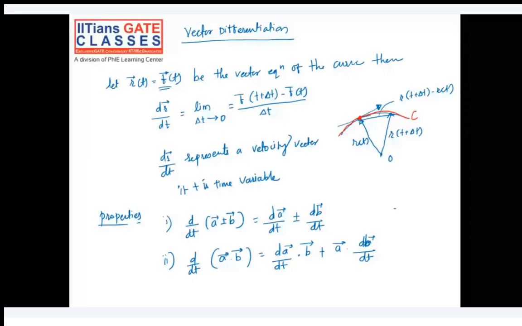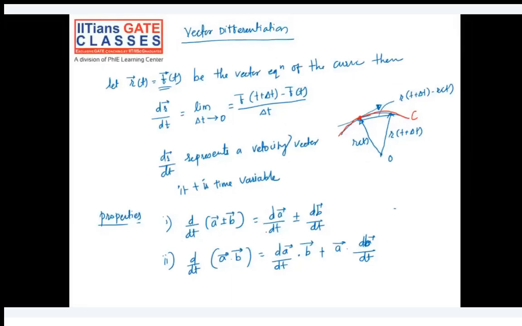If you have two vectors in addition, a bar plus or minus b bar, then the differentiation will be: you have to separately differentiate them and then add or subtract them. Similarly, if we have two vectors in multiplication, same approach: differentiation of the first vector, second vector as it is, plus first vector as it is, differentiation of the second vector.